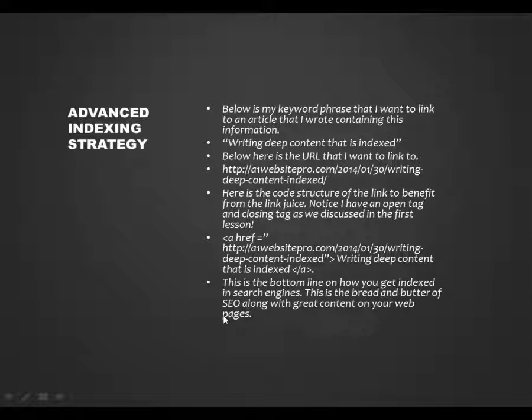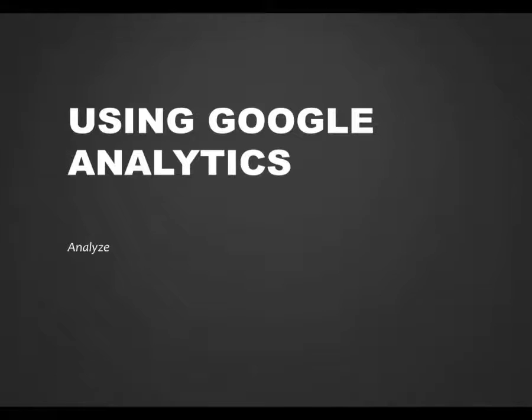This is the bottom line on how you get indexed in search engines. This is the bread and butter of search engine optimization, along with great content on your web pages, okay? So you can use your keyword phrases to link, but make sure that they're linking to great content and they're coming from an authoritative source, whether it be Facebook, YouTube, Wikipedia, so on and so forth, okay?